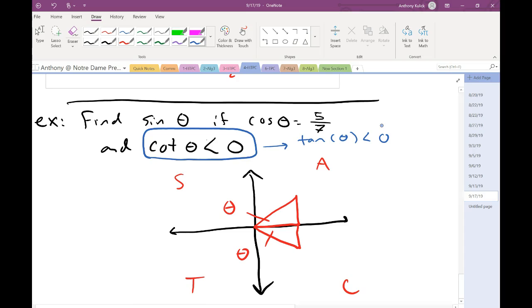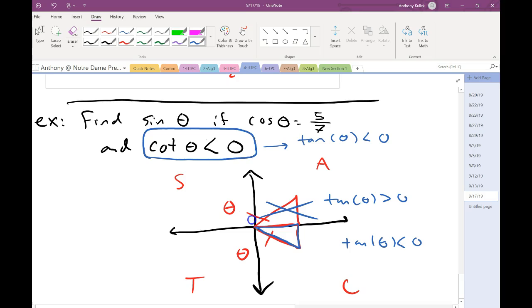If a number is negative, its reciprocal is negative. Everybody okay with that idea? In the first quadrant, I know that tangent is positive, so I don't want that triangle. In the third quadrant, though, I know that tangent is negative, so that is the location that I want. Is everybody okay with that idea?